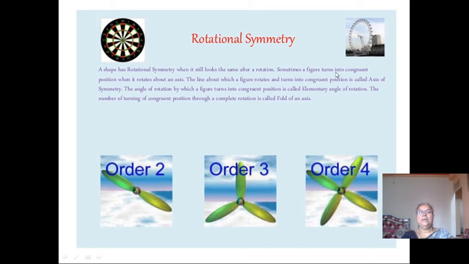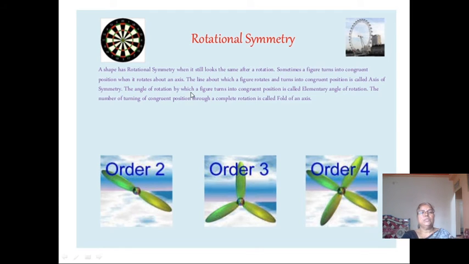Sometimes a figure turns into congruent position when it rotates about an axis. The line about which a figure rotates and turns into congruent position is called the axis of symmetry.